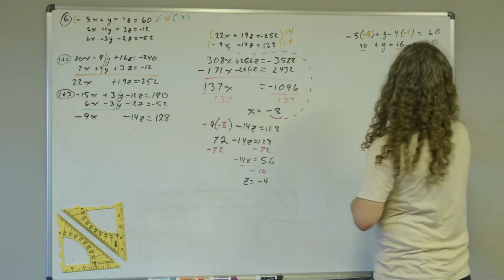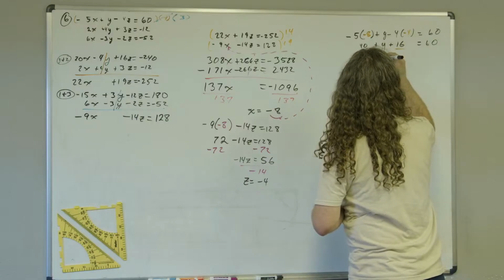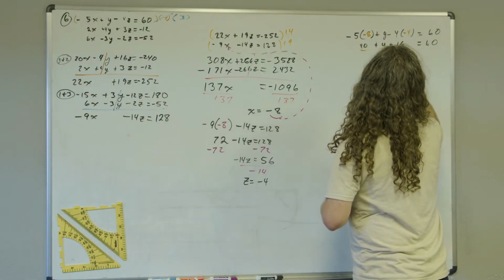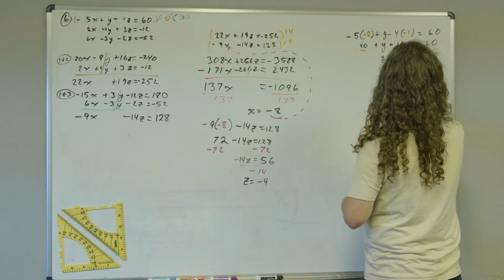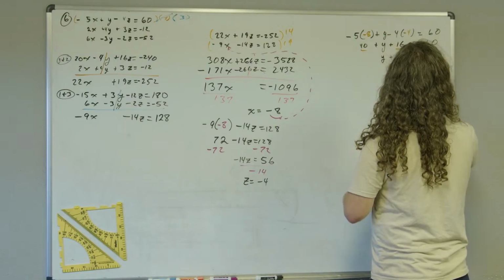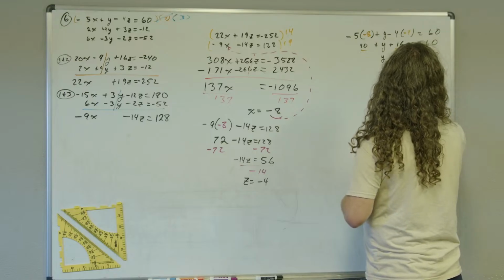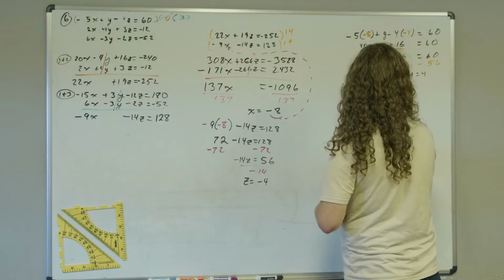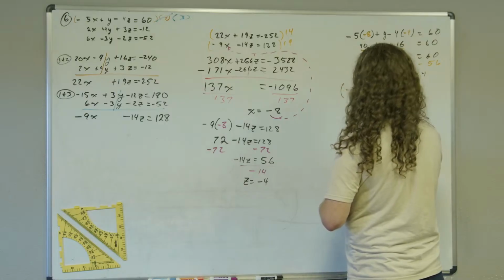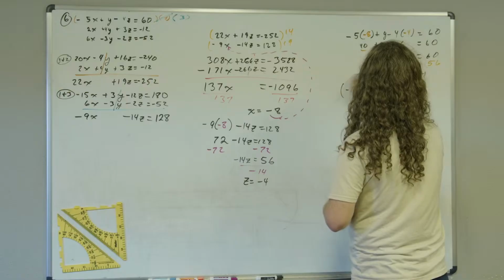Yep, gotta watch those signs. They're going to get you. 56 equals 60. Subtract the 56. So the answer is x equals negative 8, z equals negative 4.